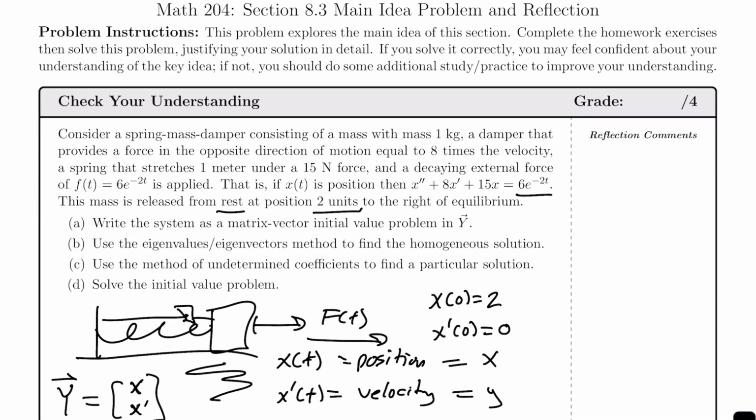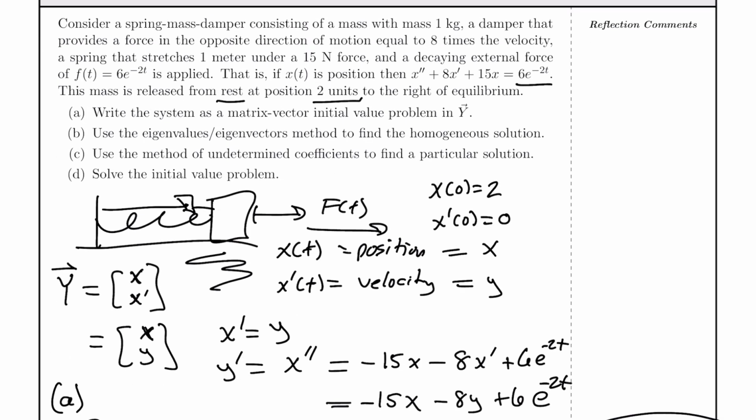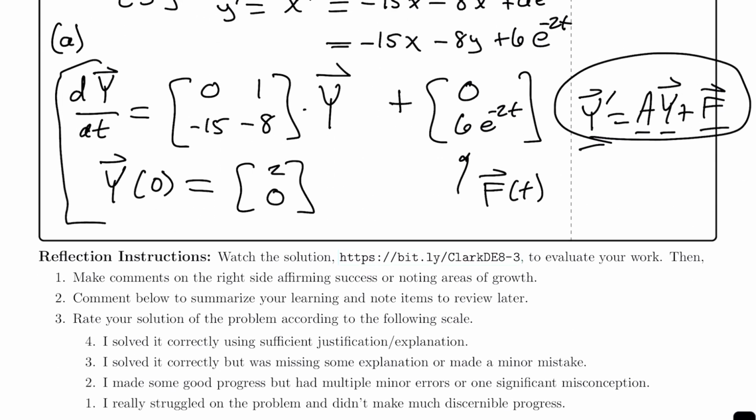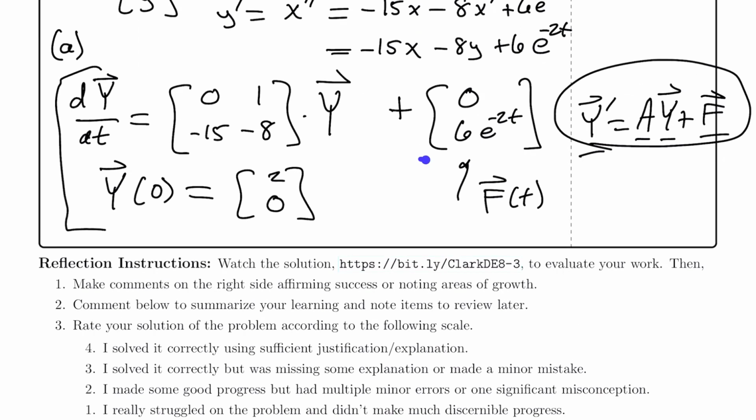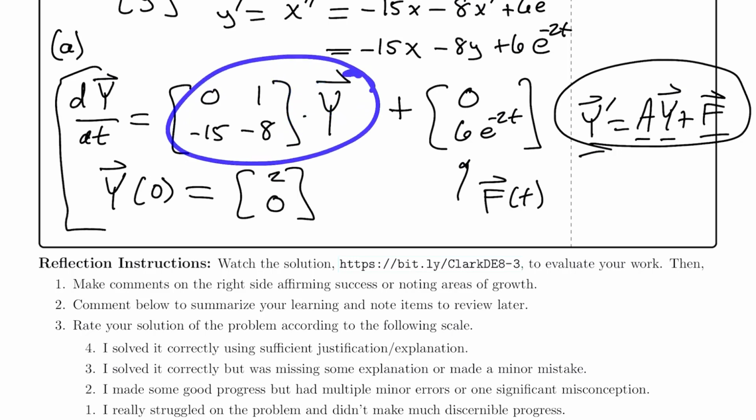Part C asked us to use the method of undetermined coefficients to find a particular solution. In other words, guess an answer and figure it out that way. Well, the forcing term is an e to the negative 2t function. And since it's a linear system, if y is an e to the negative 2t function, when you multiply it by a matrix, you'll get another e to the negative 2t function.